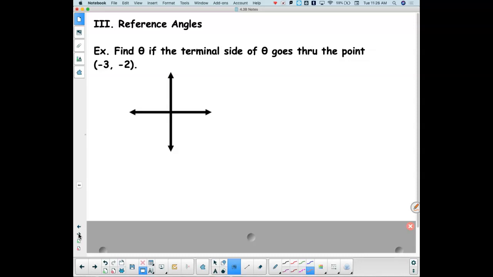What I would like you to do is find me theta if the terminal side of theta goes through the point -3 comma -2. Okay?